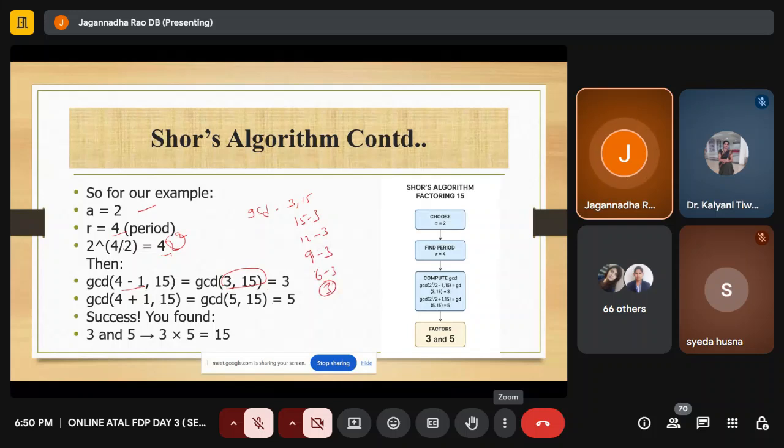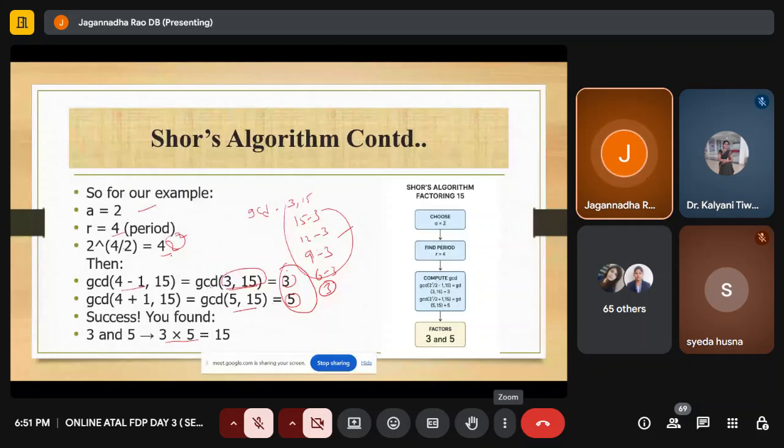So finally 3 is the factor. In programming you can do it like that, which is a different aspect. So the GCD of 3 and 15 is 3, and the GCD of 5 and 15 is 5. These two are your multiple factors, so 3 into 5 is 15.